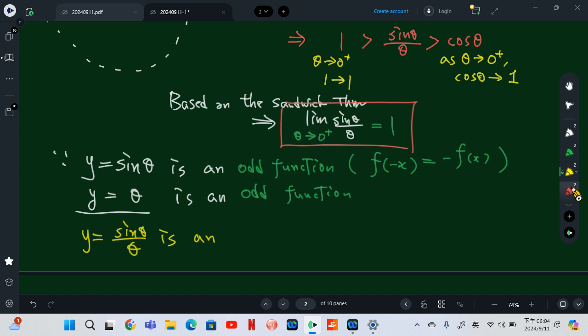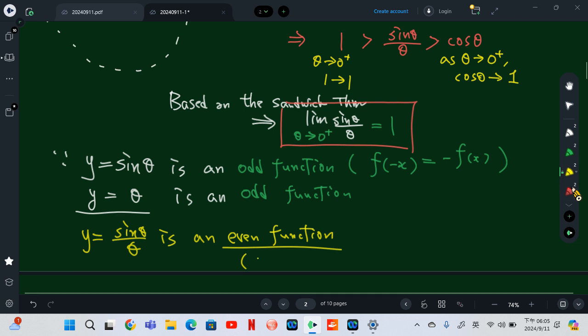So then it will be an even function. What is an even function? Even function means when I use minus x as the input, I get f of x back.